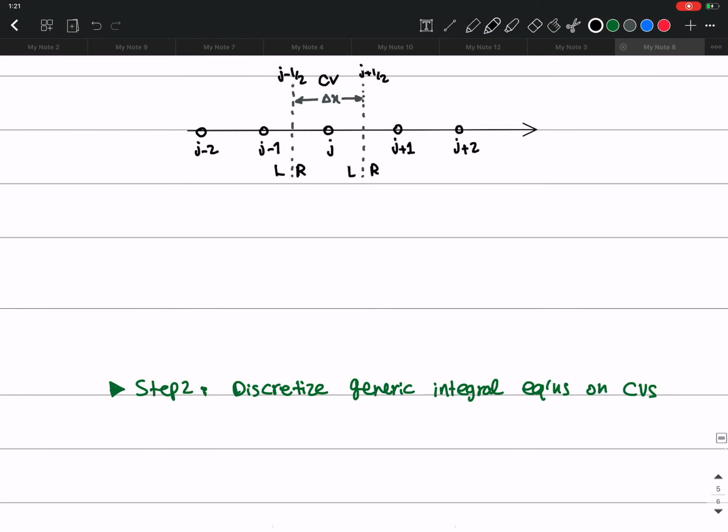Okay, we discretize generic integral equations on CVs. For example, this is a general equation: V d phi bar over dt plus the integral over the surface of f phi, these are the fluxes, f phi dot n dA, equals the source term, s phi.